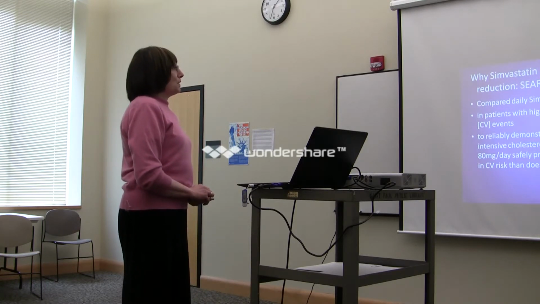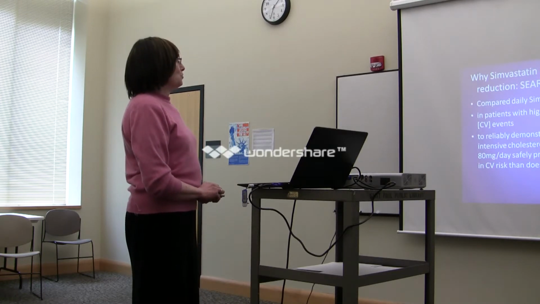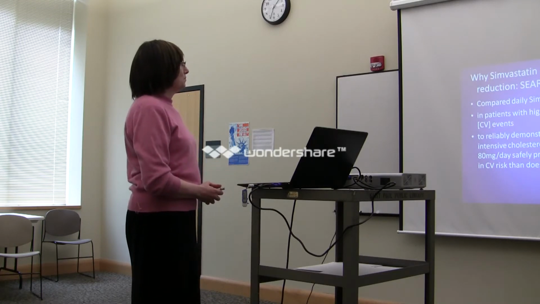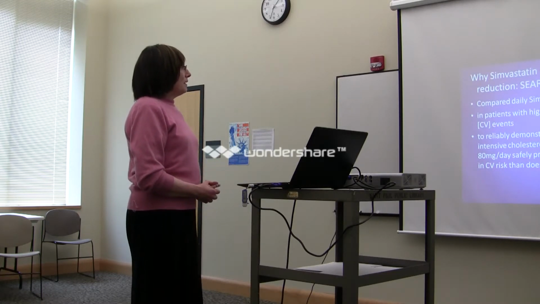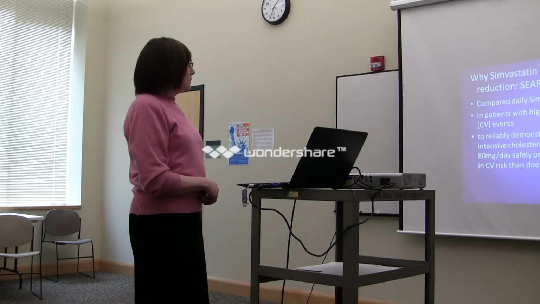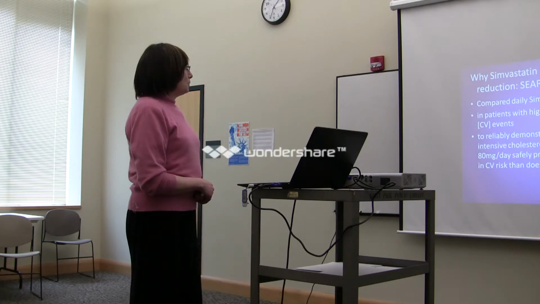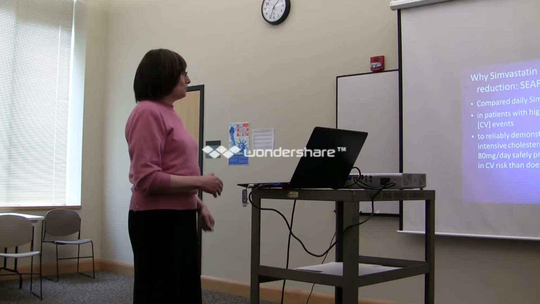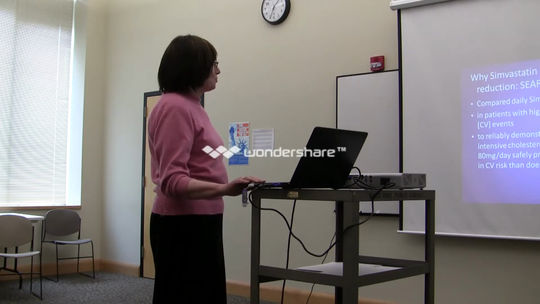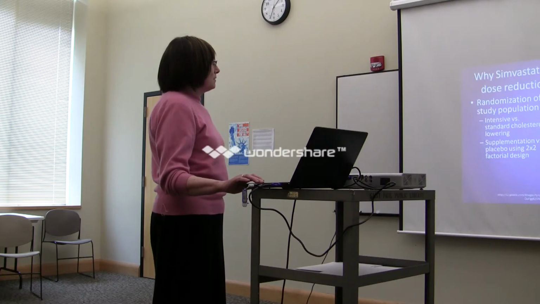And there they compared the 80 milligram to the 20 to see if they could get the same efficacy without the side effects. These were patients with high-risk cardiovascular events, and they were trying to demonstrate at least as much decrease in cholesterol with the 20 as they would see with the 80 milligram.